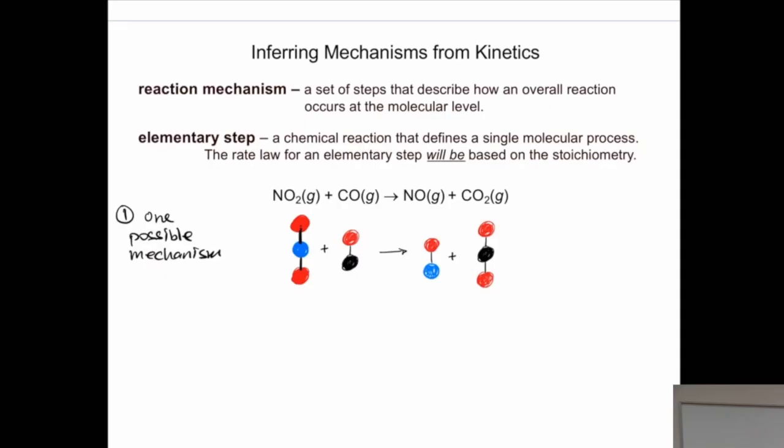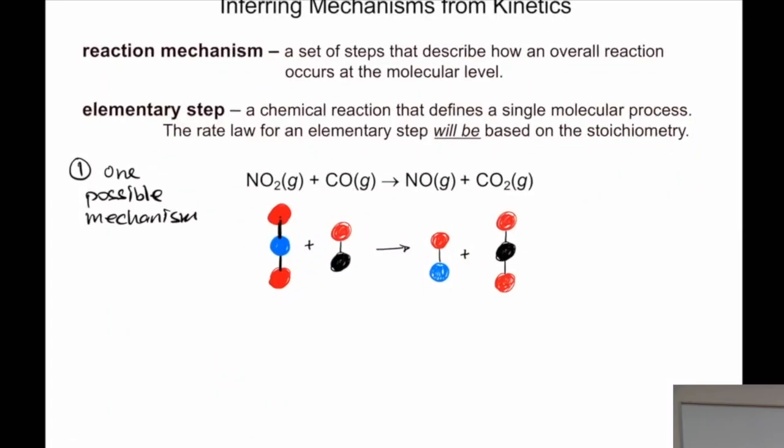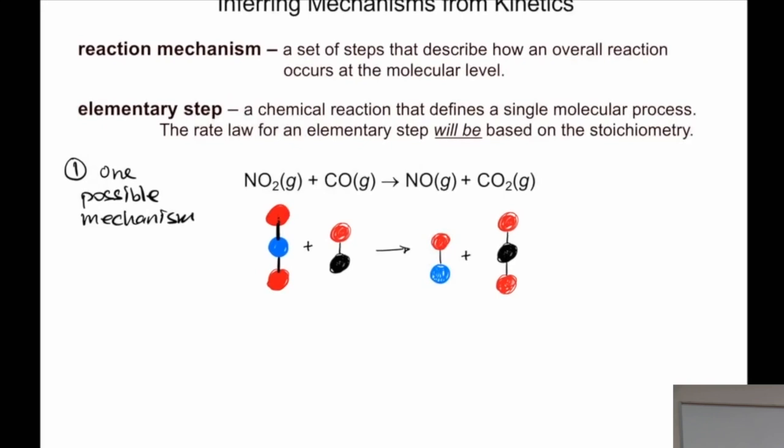And what would that look like? Now, you can't do this on your slides, but I can do it here. All right, so I'm going to razzle dazzle you. Just take a look at the screen. In this proposed mechanism, we're going to take one molecule of NO2. Here it is. I'm going to grab it and bring it over here, and it's going to collide with the one molecule of CO. Let's put our little dotted line.